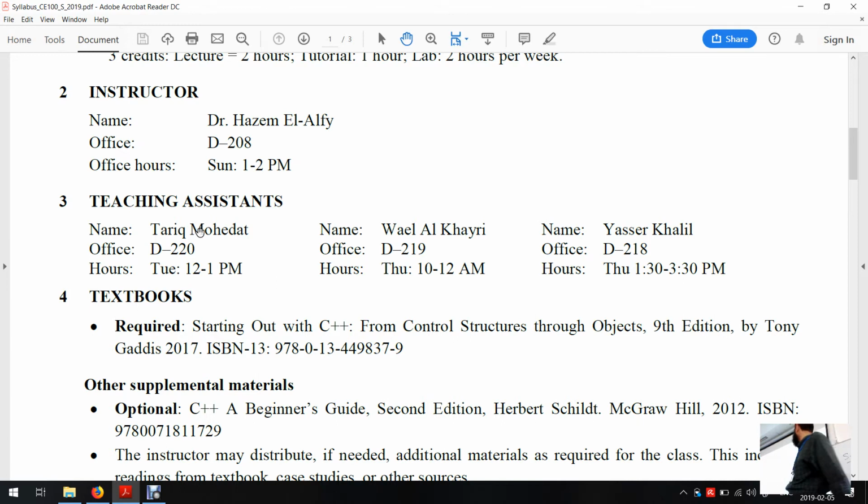Why do I give the room numbers? Because I ask you again, please don't keep sending emails or messages for normal things. Message or email only for emergency. You are sick or, God forbid, you have an accident on the day of the final exam. Then this is an emergency. But other than that, please come to our offices.